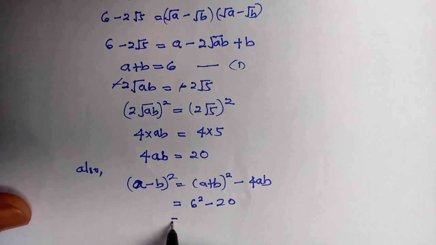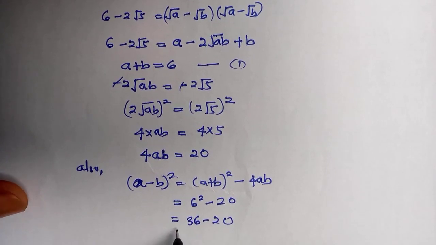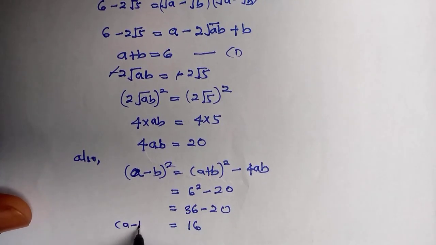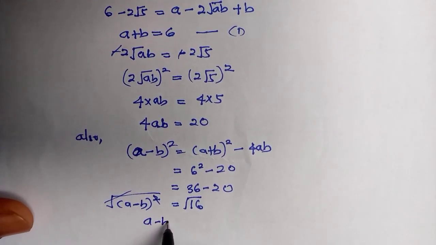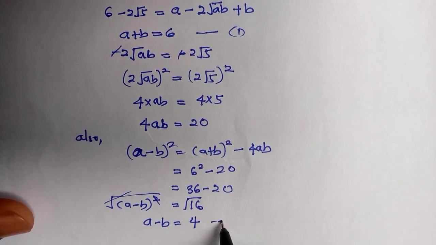And we have 6 squared equals 36 minus 20, that is equivalent to 16. So a minus b all squared equals 16. By taking the square root of both sides, we have a minus b equals 4. I'm calling this one equation 2.